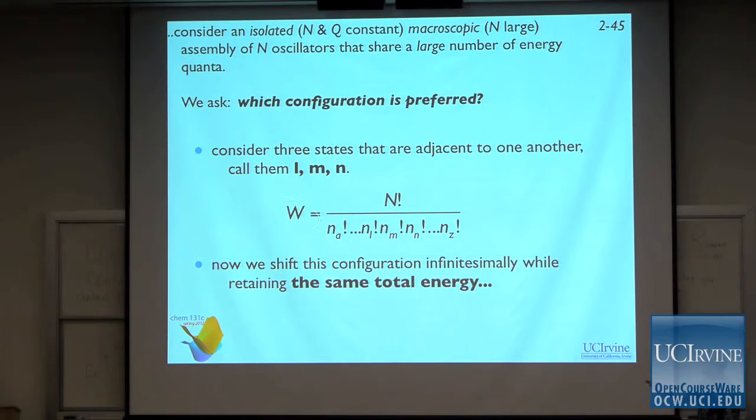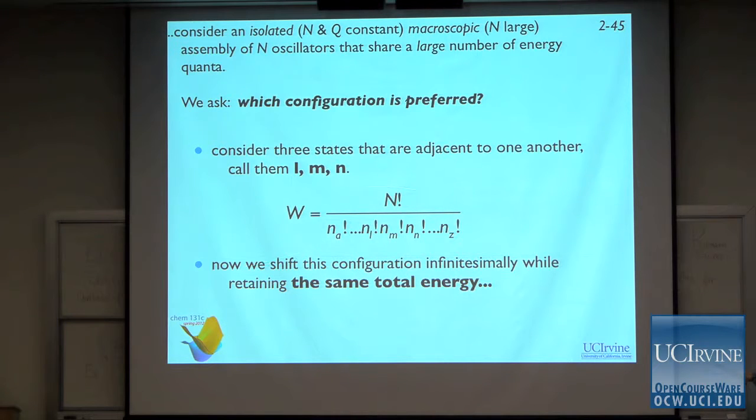If we want to know how many microstates there are, we use our standard formula. That's the total number of molecules. And if this is L, M, and N, then there must be an A, B, C, D, E, and so on, all the way to L, M, and N, and then O, P, Q, R, S, and Z, and so forth.